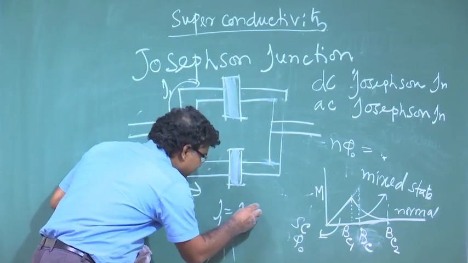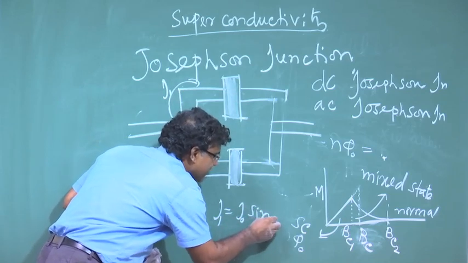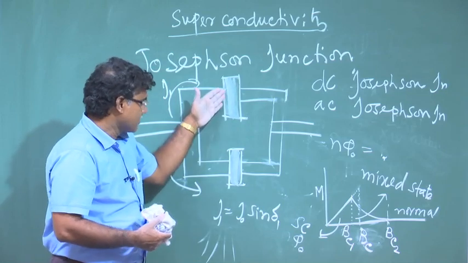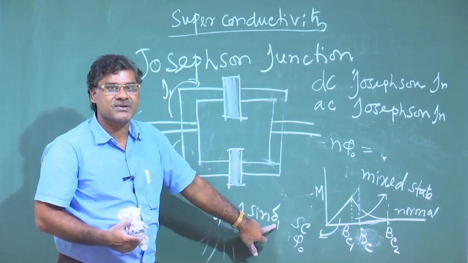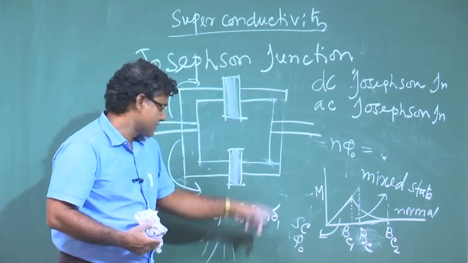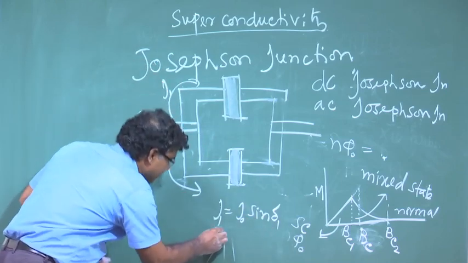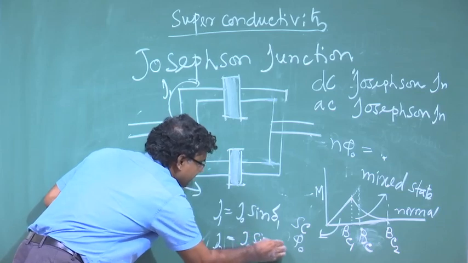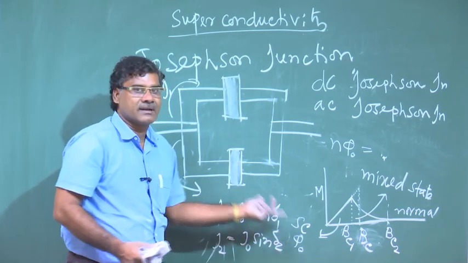This phase difference is delta 1. And J2 is basically J0 sin delta 2, where the phase difference is delta 2.